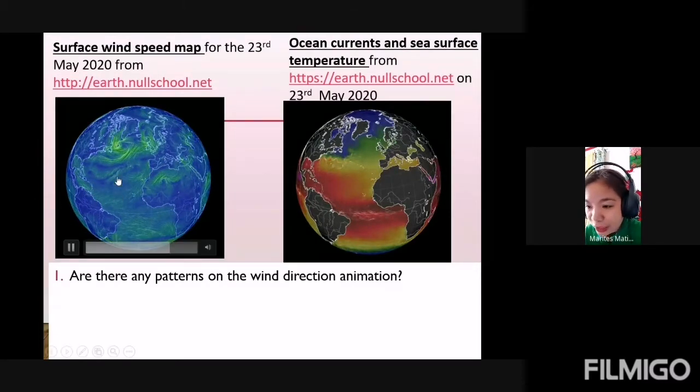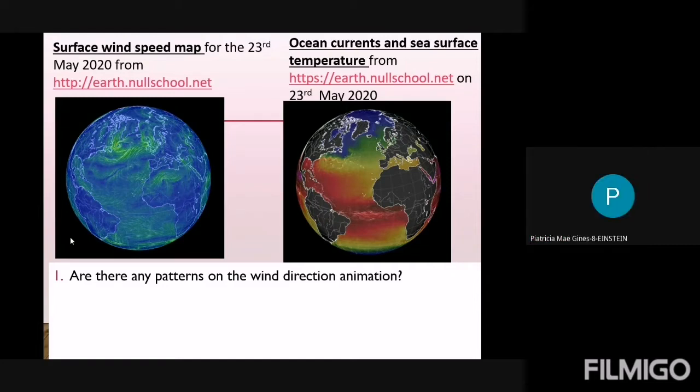Pansinin niyo yung pattern ng wind, yung green. Para sa mga hindi masyadong naka-observe. So, from that animation, mga anak, are there any patterns on the wind direction?